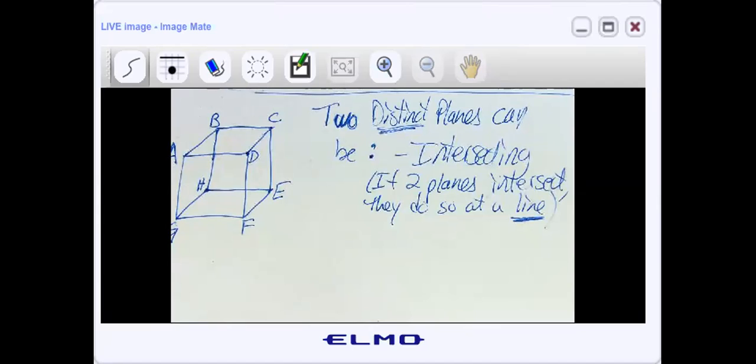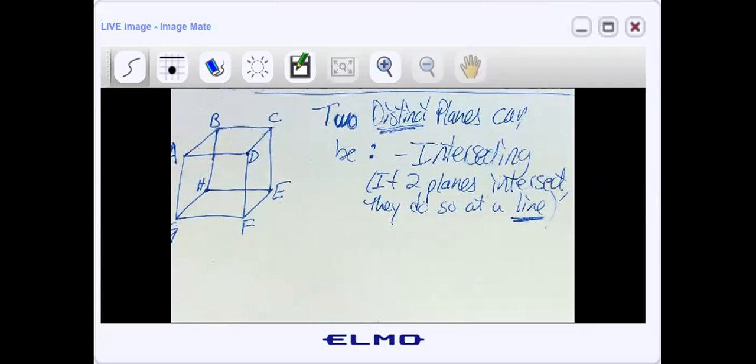The answer is no. They don't have to. If you think about the floor that your feet are on right now, if you imagine that as a plane, that surface goes on forever and ever, and then you have a ceiling up above you. If that ceiling were to go on forever, those are parallel planes.